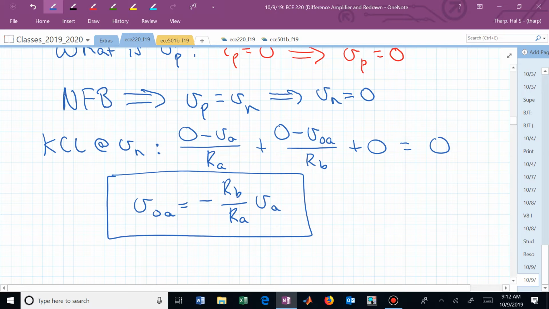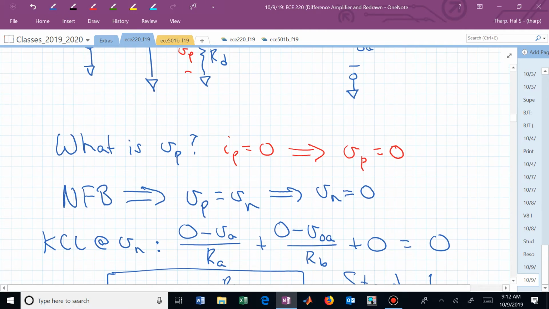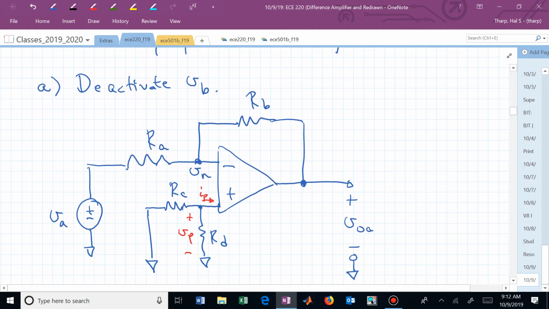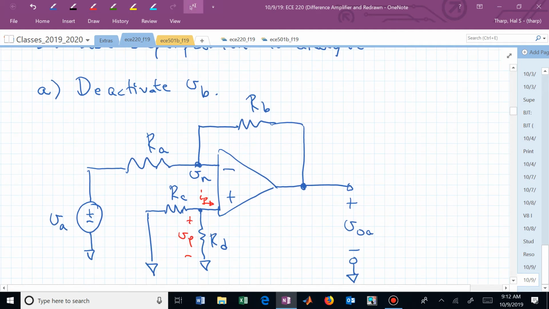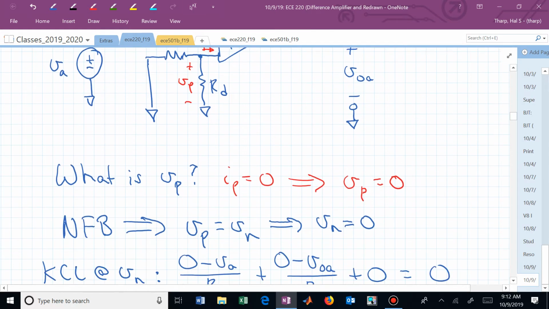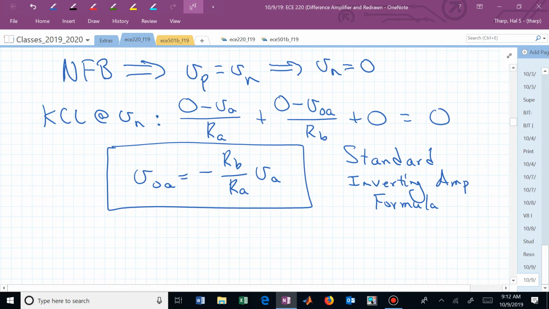That's now the standard formula for our inverting amplifier. Because we had a standard interconnection in our circuit relative to the inverting pin. And now we just re-derived this formula.